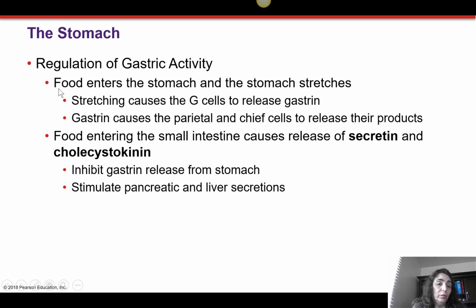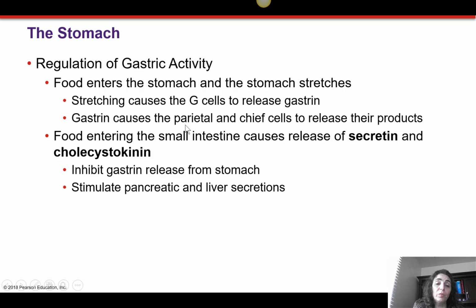The other regulation is when the food enters the stomach and causes stretch of the wall of the stomach. Stretching causes the G cells to release gastrin. And as we said, gastrin controls the parietal cells and chief cells and causes them to release their own products.